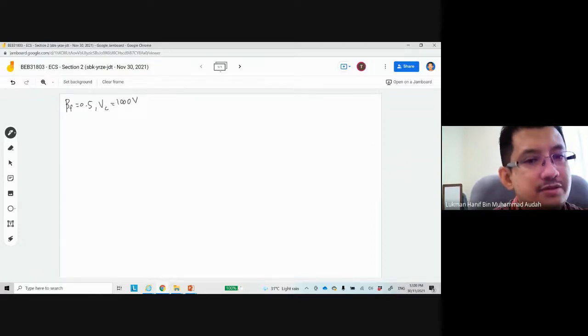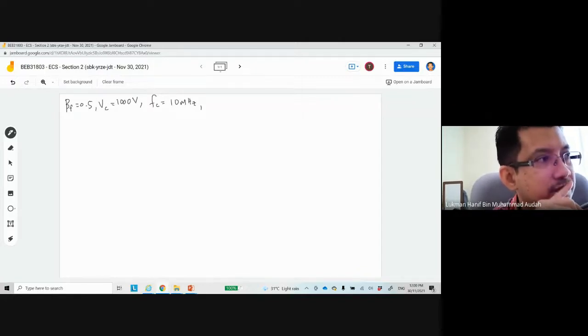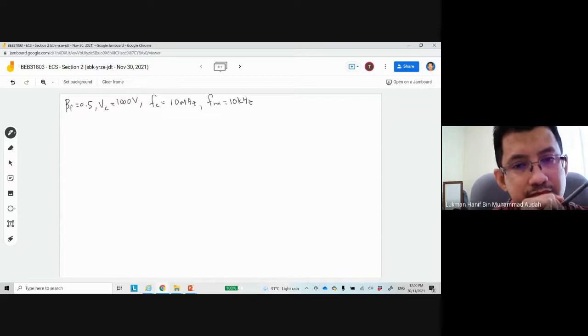FC is given as 10 mega. FM, the modulating signal frequency, is given as 10 kilohertz, or you can write this as 0.01 megahertz.